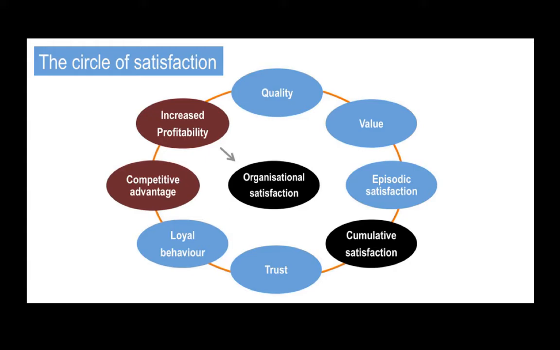The organisations that best satisfy the needs of their customers are best placed to satisfy their own needs. The circle of satisfaction is the key to satisfying both the customer and the organization. The first step in the circle of satisfaction is quality and value.